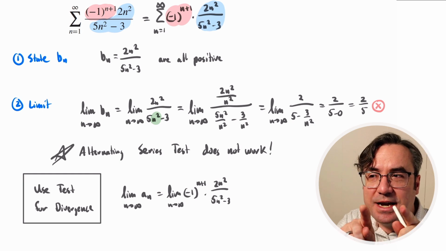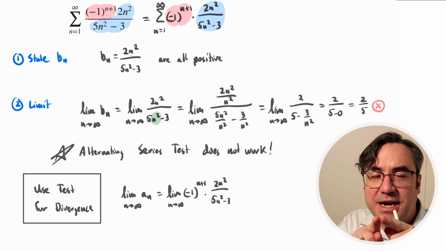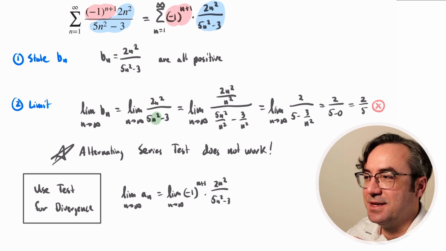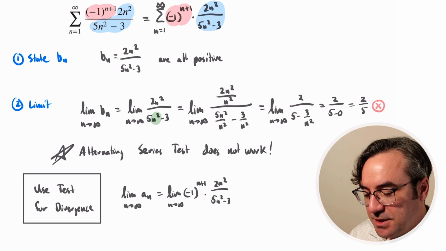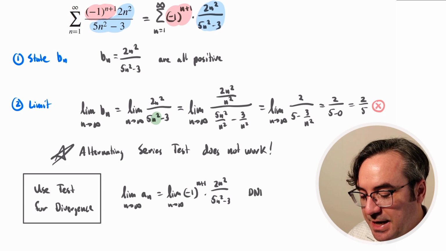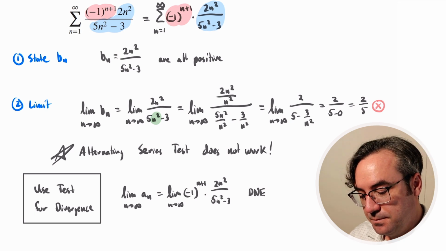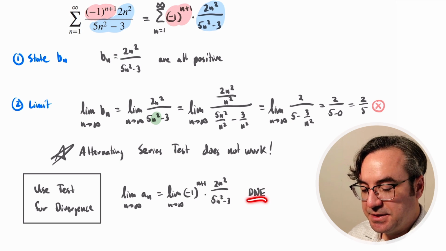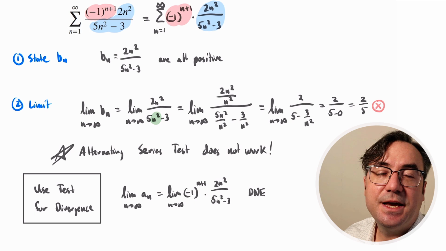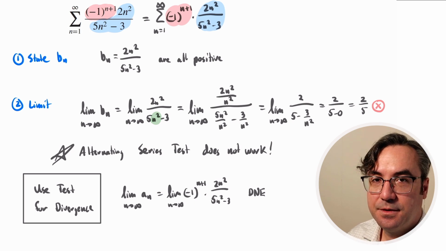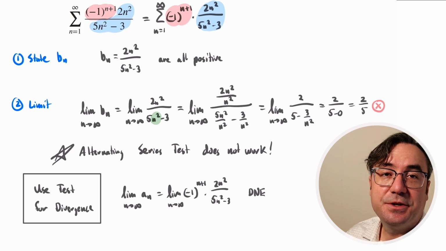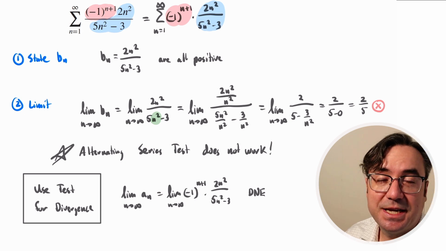So our sequence is kind of going in two different directions. It's kind of, well, it's diverging. So this limit does not exist. And because this limit does not exist, we say that our original series diverges by the test for divergence.